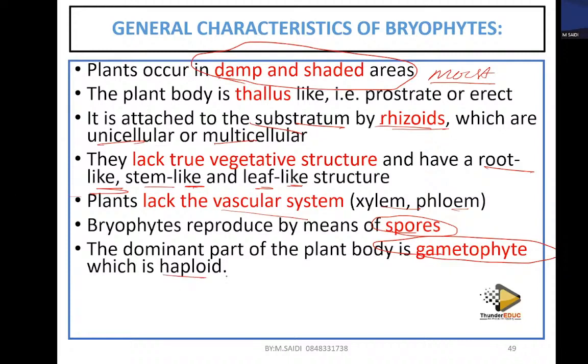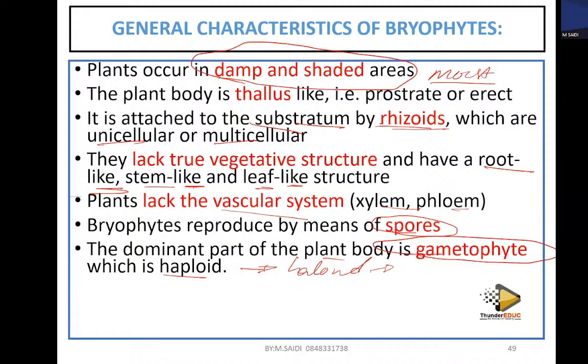Remember that the gametes, the sperms and the ova, are always haploid. Yes. If we take a human being, it exists more, especially as a sperm and as an ovum. So that's why I call it a gametophyte. If you look at a human being, what you see could be what we call the sporophyte.